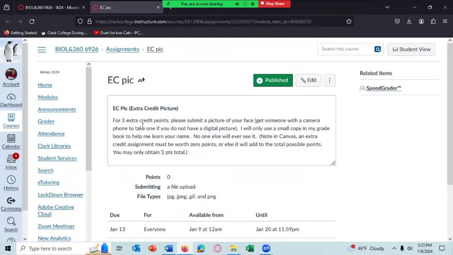That helps me learn your name. So you get 3 extra credit points for sending a picture of your face. If you don't have a digital picture that you can send, then just ask somebody who has a phone to take a picture and email it to you, and then put it in for the assignment.